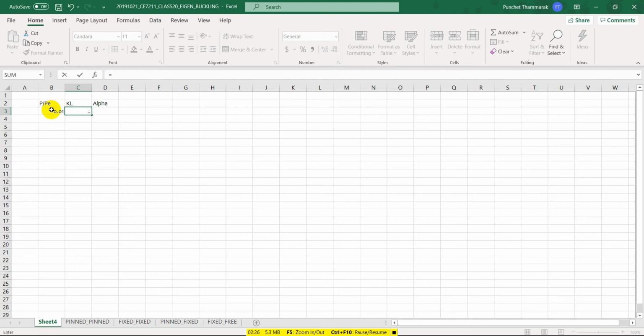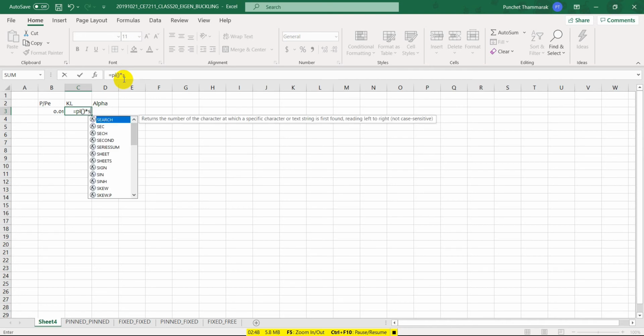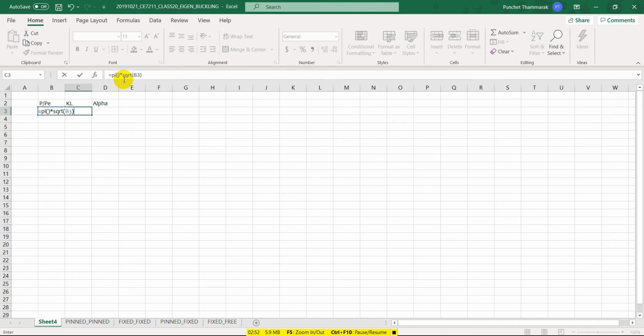Okay, that is this. So P over PE ratio, in order to get the KL value, you get the P over PE multiplied by pi square, and the KL is the square root of this thing. So KL is equal to pi multiplied by the square root of P over PE.